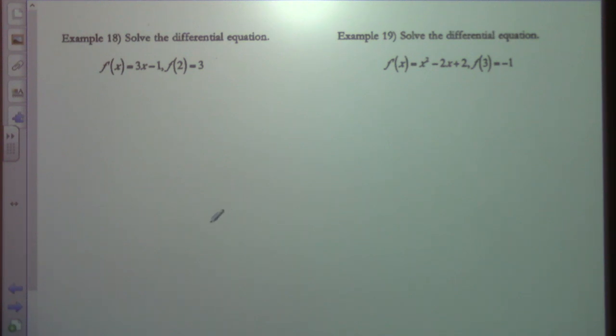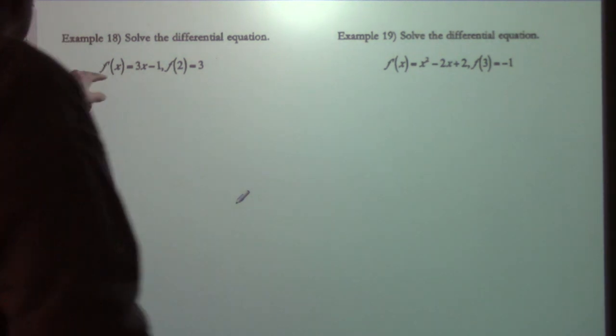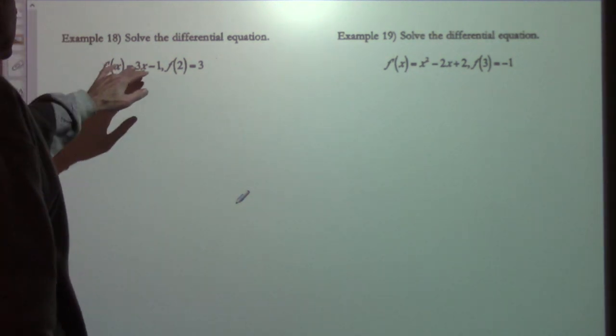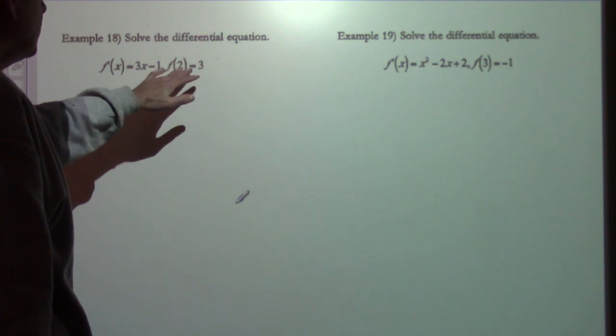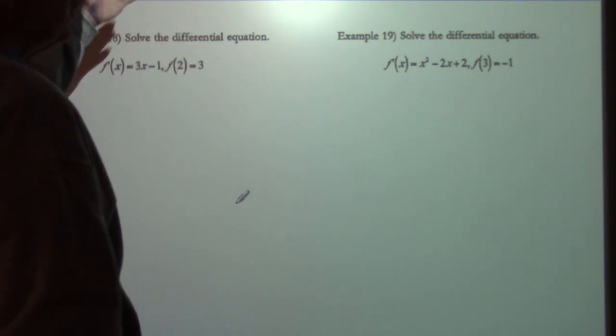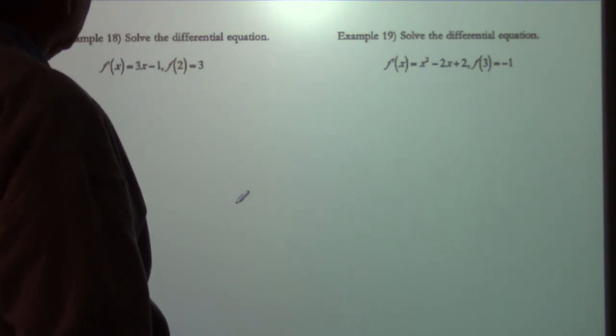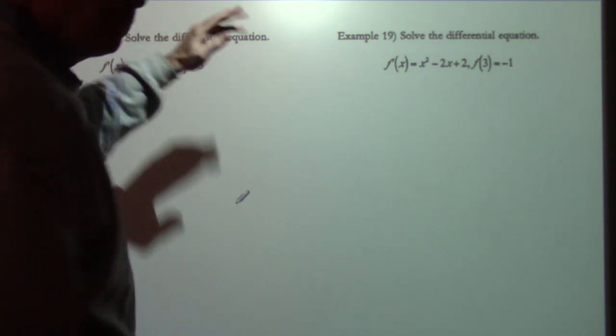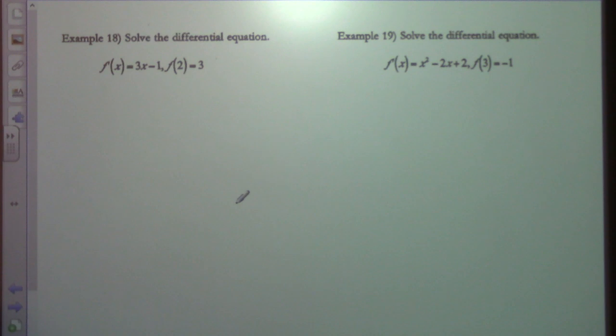So anyway, solve the differential equation. It's hard to see here, but it says f prime of x equals 3x minus 1, then f of 2 equals 3. Solve the differential equation. Well, how are we going to do this? Okay, I'll show you how to do this.